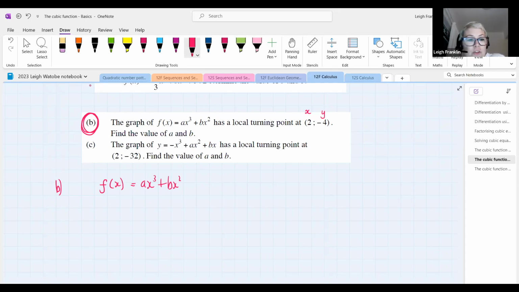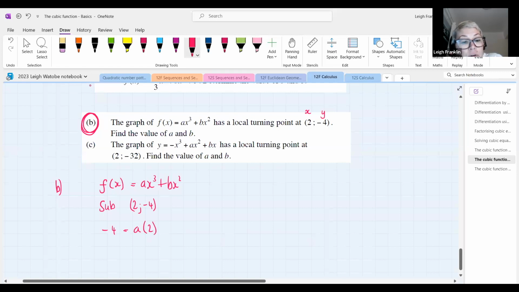The first thing you do is sub in the point, in this case (2, -4). So -4 equals a times 2 cubed plus b times 2 squared, which gives 8a plus 4b. You can leave your equation just like that.